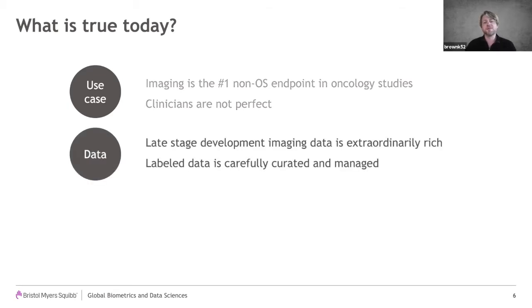The data that we have available, we know that in late stage drug development, imaging data is extraordinarily rich. It gives information not only in terms of the phenotypes of the tumor expression, but also in terms of other prognostic factors such as sarcopenia or other imaging factors that might indicate how long a patient has to live or whether they would respond to a particular kind of treatment. We also know that labeled data is carefully curated and managed.